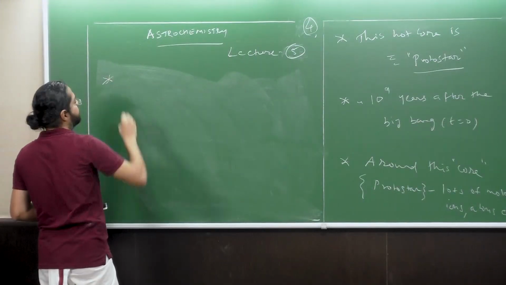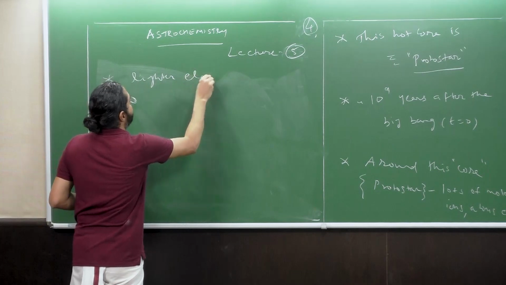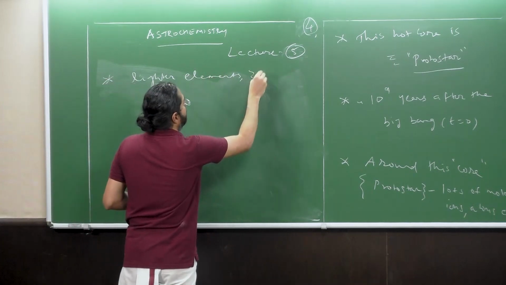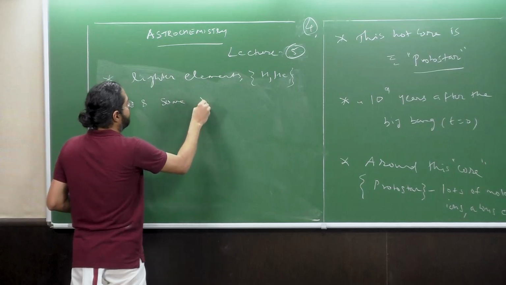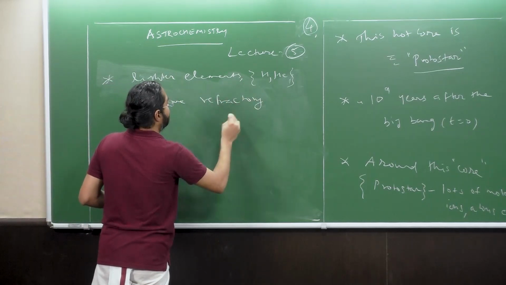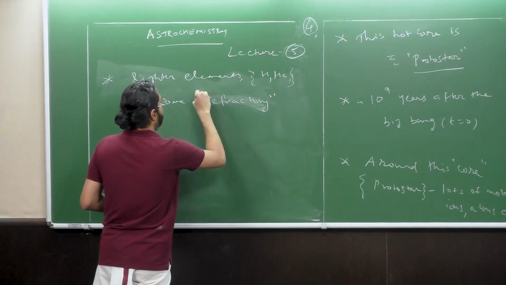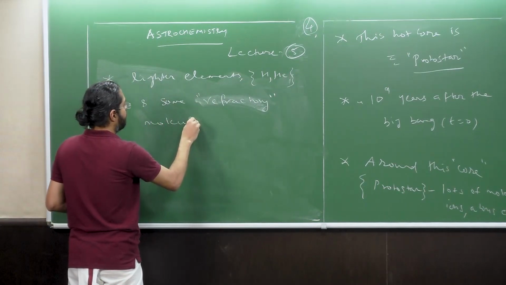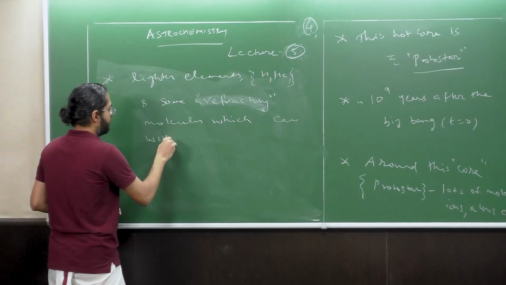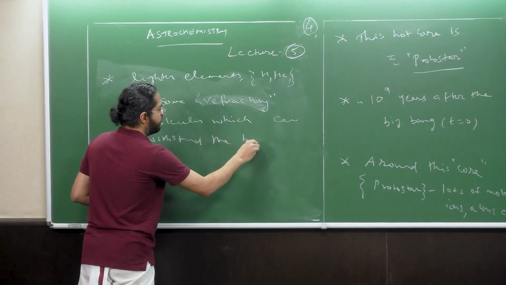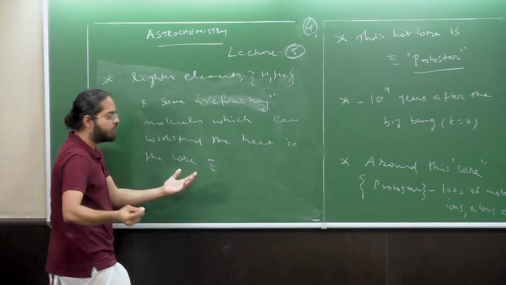So what molecules? The lighter elements, for example, we're talking about hydrogen, helium, and some refractory molecules which can withstand the heat in the core, they become part of the protostar.